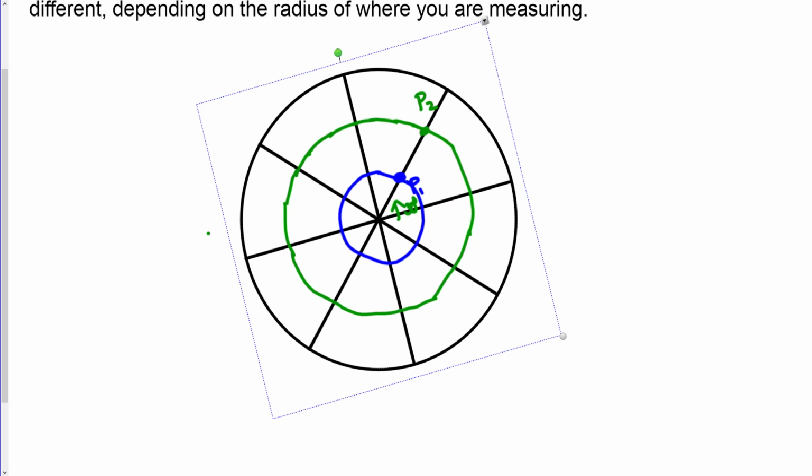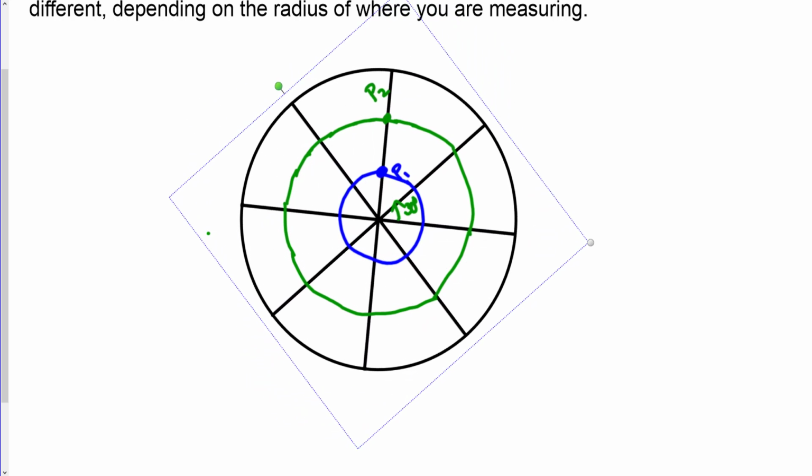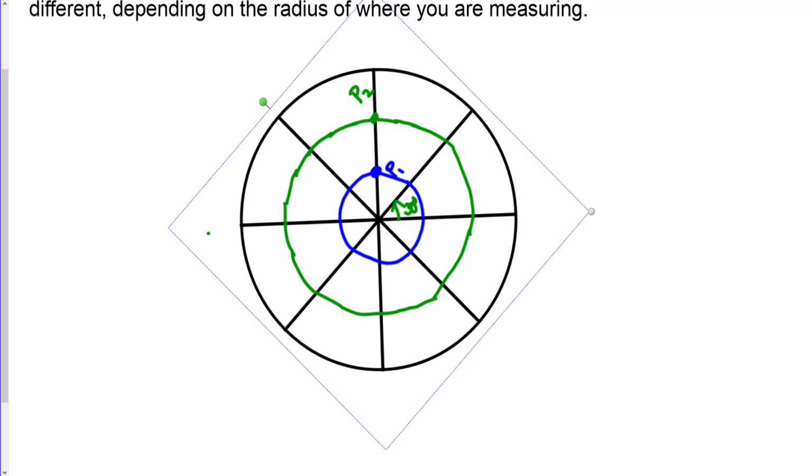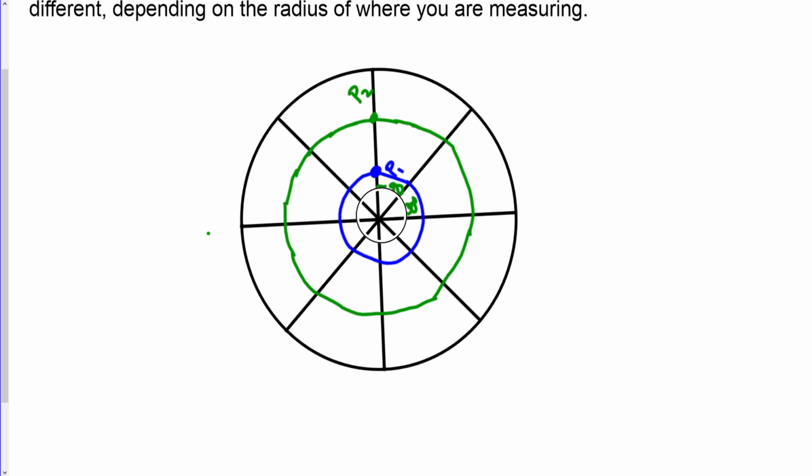In the same amount of time, these things get over to 90 degrees at the exact same time. So they're going through the exact same angle measures during the exact same period of time. So their angular velocity is equal.